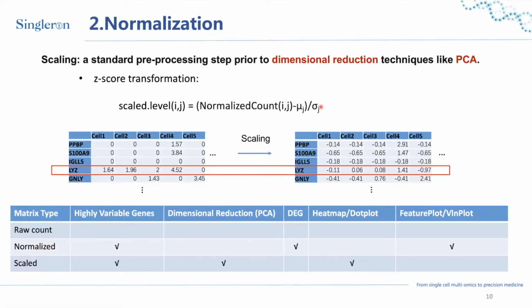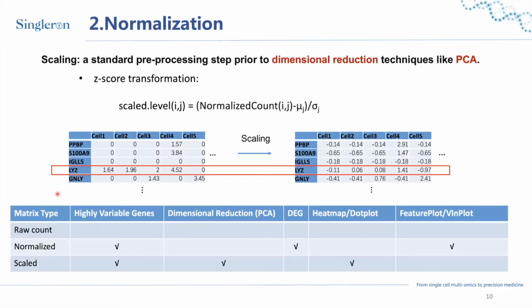The reason for doing that is to scale the variance of the genes to the same level, so that when you are doing PCA, genes with higher expression will not dominate the principal components. Different from log normalization or other normalization, the scaling is done for every individual gene at the gene level.